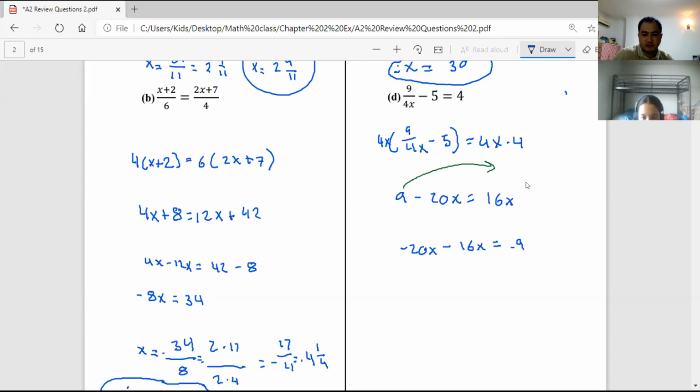And this 16x to the left. Then negative 20 minus 16, that is 36, minus 36, because negative plus negative is negative 36.